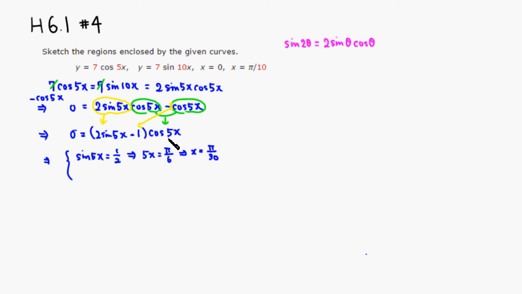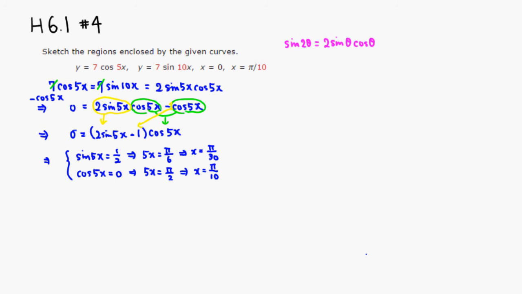Or we can make cosine of 5x equal to 0, which means that we want 5x to be pi over 2, so x is equal to, dividing through by 5, pi over 10.